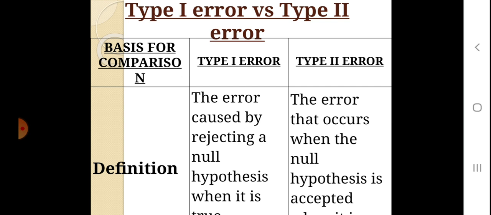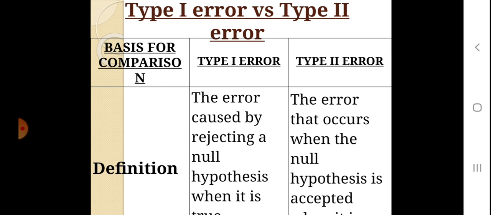The next concept is type 1 error versus type 2 error, the differences. Basis for comparison: the first difference is based on definition.